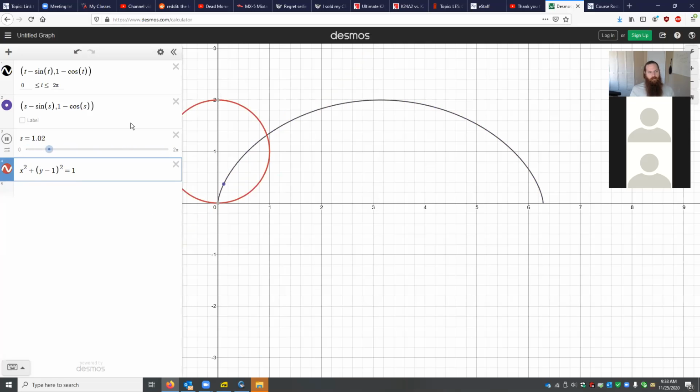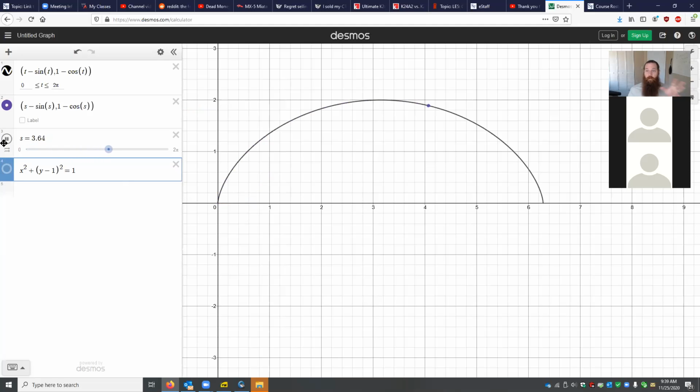So if you imagine this point as starting at the bottom here, and you let this circle roll to the right, then as that circle rolls, if you track that point at the bottom, you will get this path.